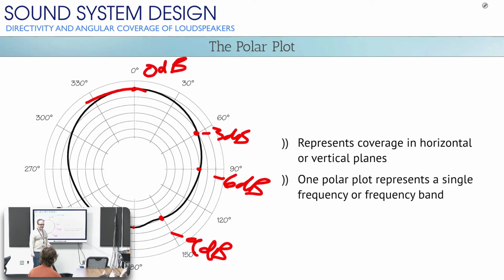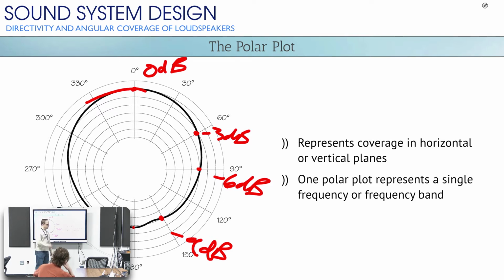One thing you'll find about loudspeaker directivity is that not every frequency disperses the same way. Some frequencies will disperse very narrowly, and some will disperse very widely in each loudspeaker. So while a polar plot is very easy to read, it's not a very efficient way to document loudspeaker directivity, because you would have to have one for every axis and every frequency you cared about.